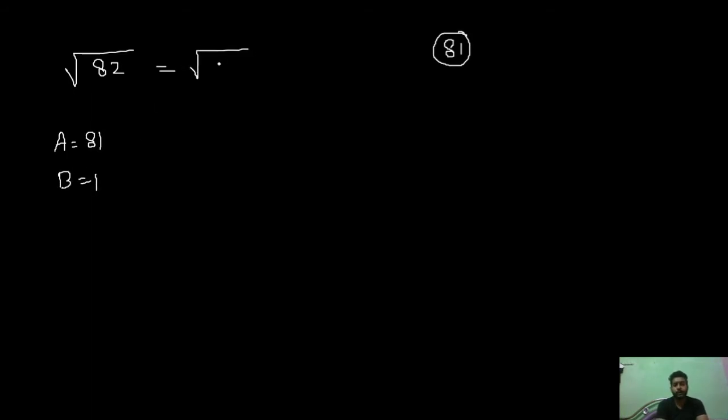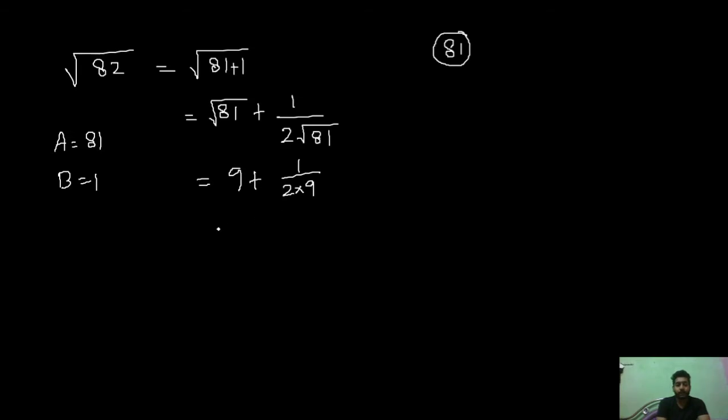So it can be written as 81 plus 1. Now the formula is as follows: root over of a plus b is root over of a plus 1 by 2 root over of a. So here root over of 81 is 9 plus 1 by 2 into 9, that is 9 plus 1 by 18.